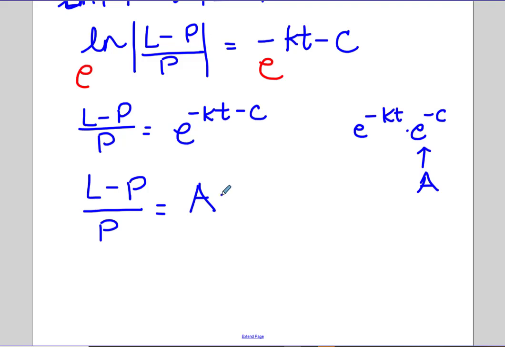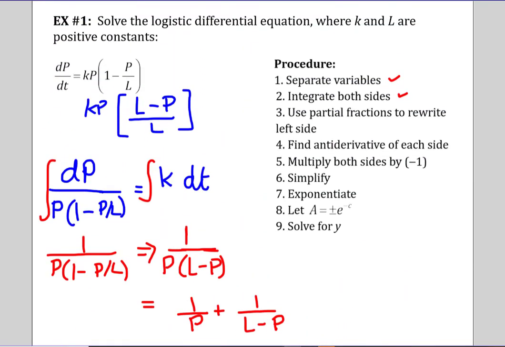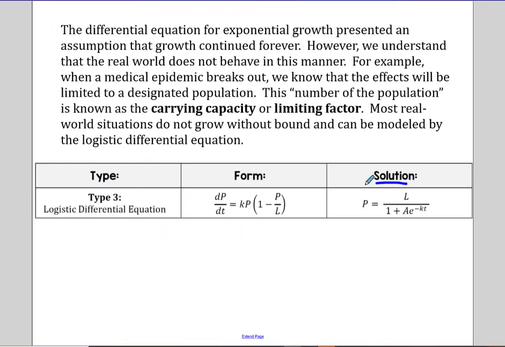So I'll have A times e to the negative KT power. And then solving for P, we'll have L divided by 1 plus A e to the negative KT power, which was, I believe, our equation right here. So we just took this form and we solved it for that form.